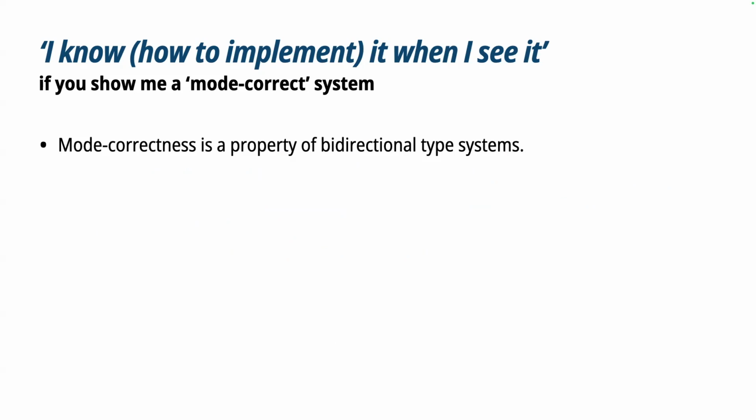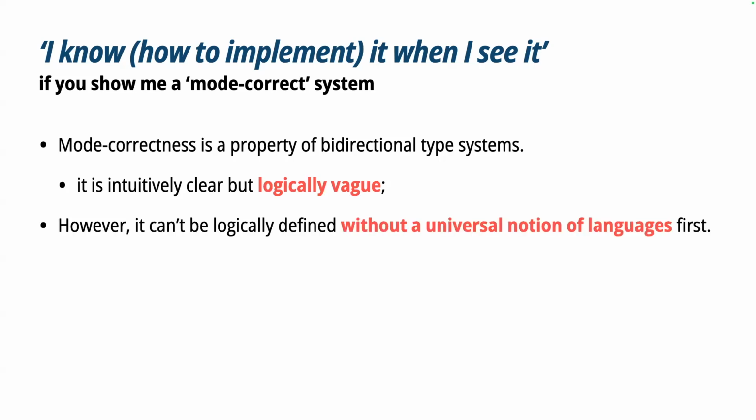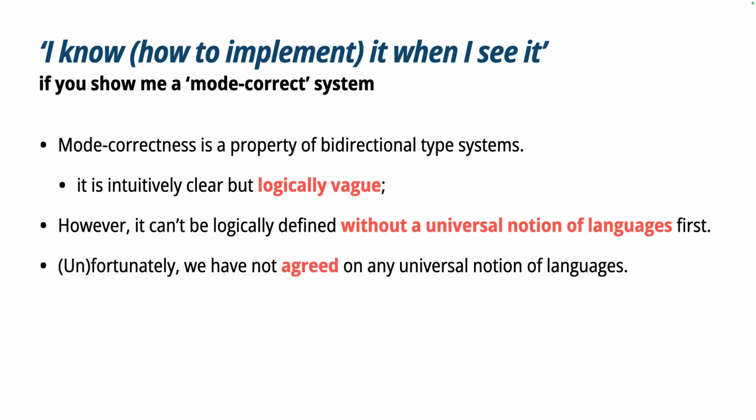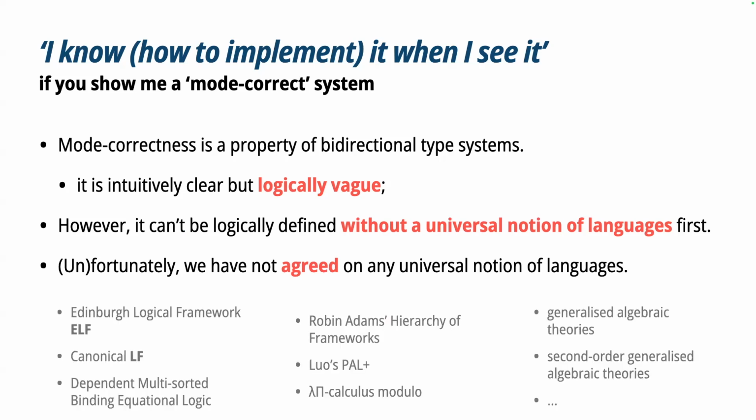So we want to specify this property, and then we need to know what the language is first. So the question is, what kind of languages are we talking about? It's kind of unfortunate that we don't have a universal notion of programming languages that everyone agrees with. And so there are different proposals for how we can define a programming language, or even define a criterion anyway.